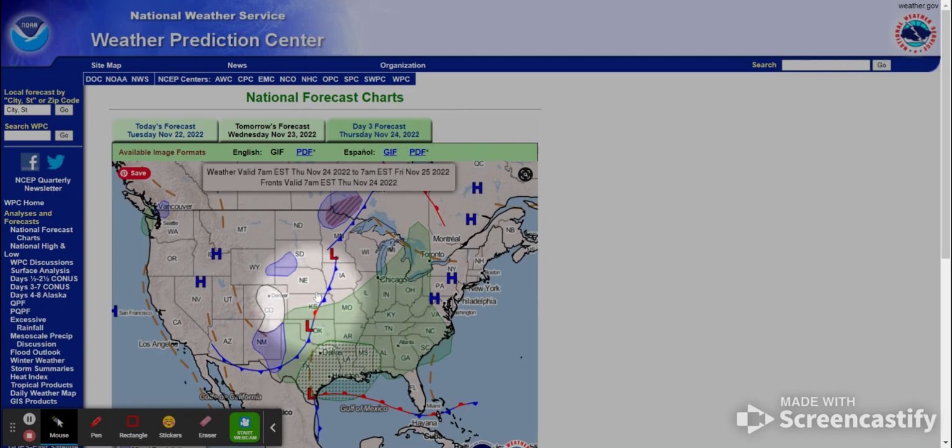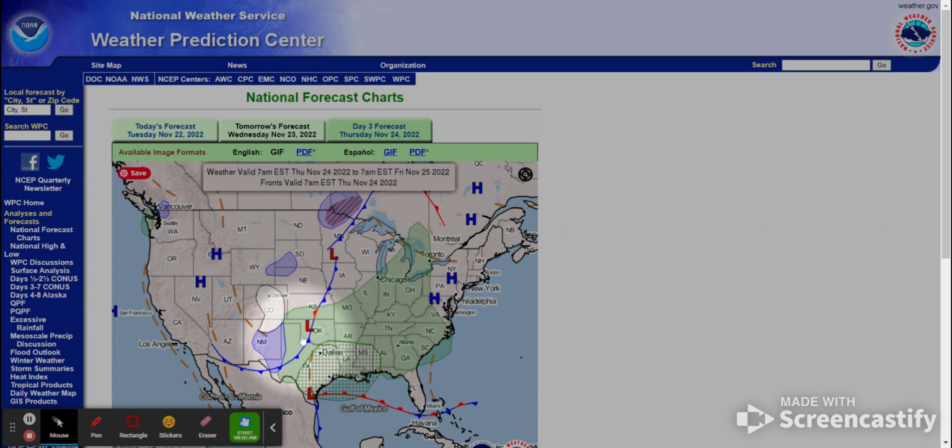So you see that cold front's moved all the way down here. Now we've got a lot of rain in all this area, and we've got thunderstorms down here. So really interesting. We have a warm front that's going to be pushing up. See that red with the semicircles? So you can find these different fronts on this map.